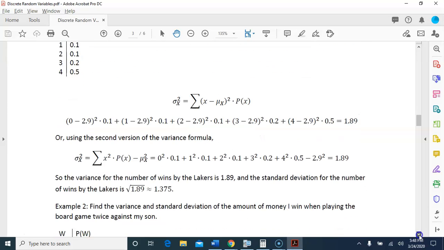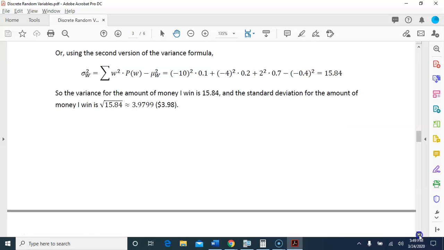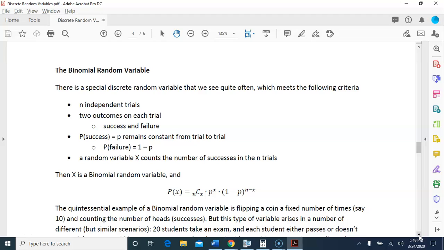So the second part of chapter 5 is on one particular discrete random variable, which is called the binomial random variable. And the binomial random variable arises in the following situation. There's a fixed number of n, lowercase n, independent trials. Each trial has two outcomes, which statisticians refer to as success and failure.